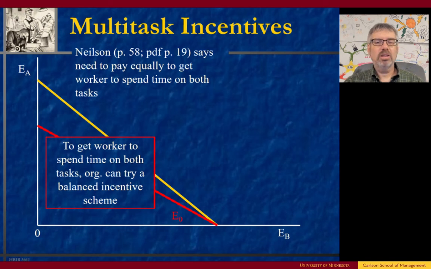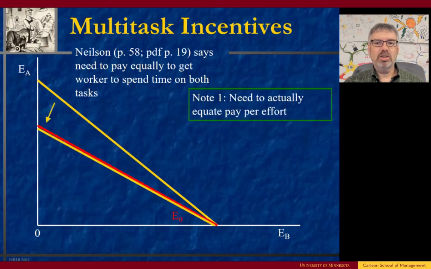So how can we think about an organization incentivizing effort on multiple tasks? Well, the textbook says you need to pay equally, and remember, pay means factoring in effort costs. So it's not just the sticker price, the $15 or the $10 incentive, but it has to account for differential effort costs.